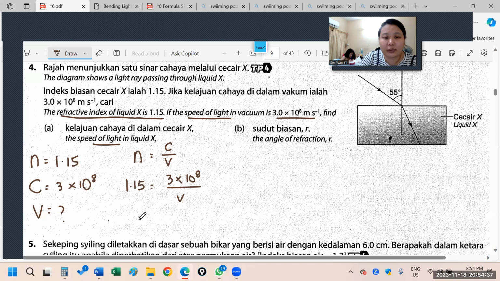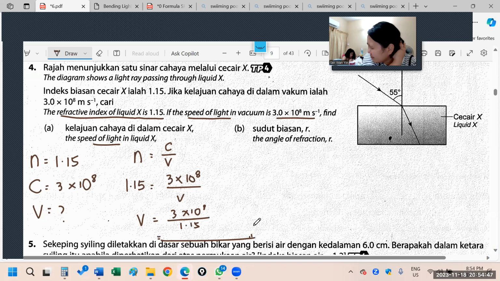Substitute, and we just exchange them, and we will get the number: 260869565.2 meters per second.